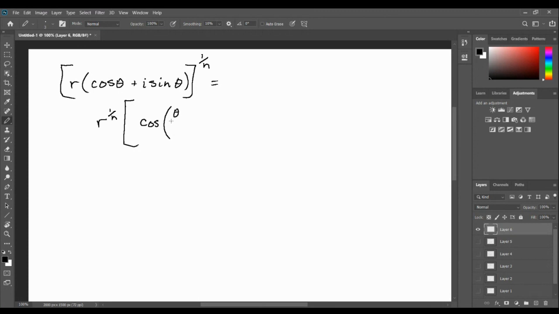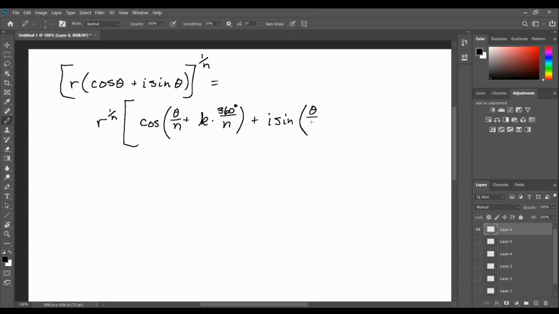Cosine of theta over n plus k times 360 over n. I'm going to talk about what k is and how this works, plus i sine of the same thing.